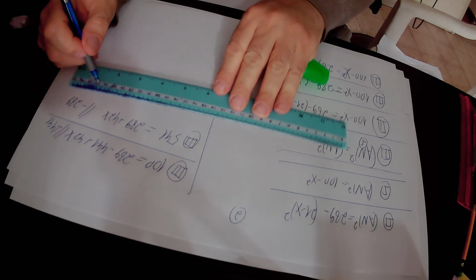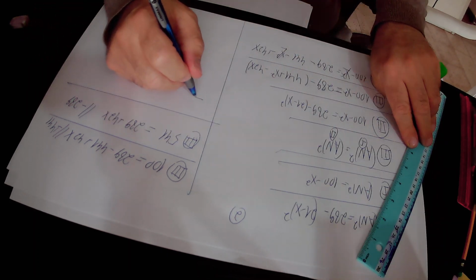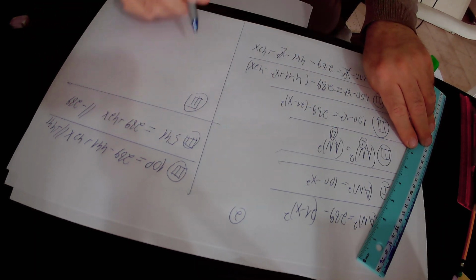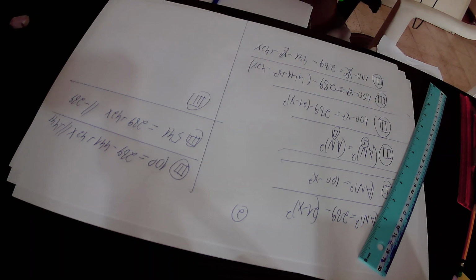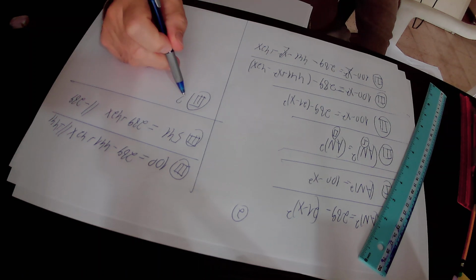And we get that according to equation 3, 541 minus 289 equals 252.